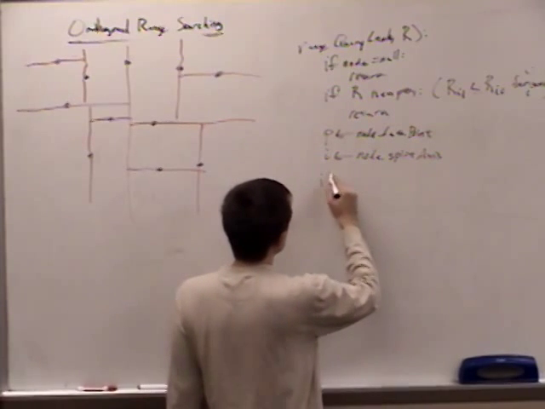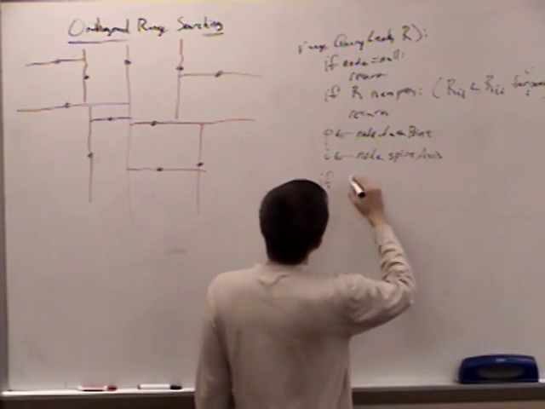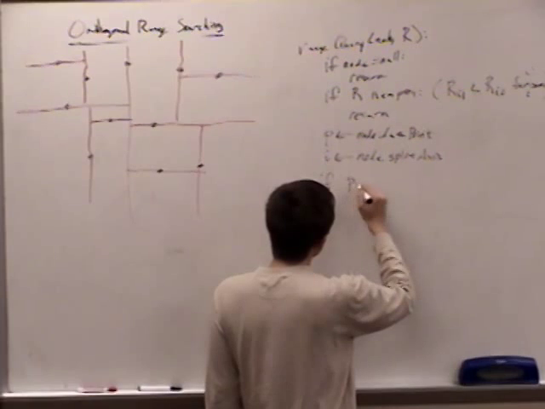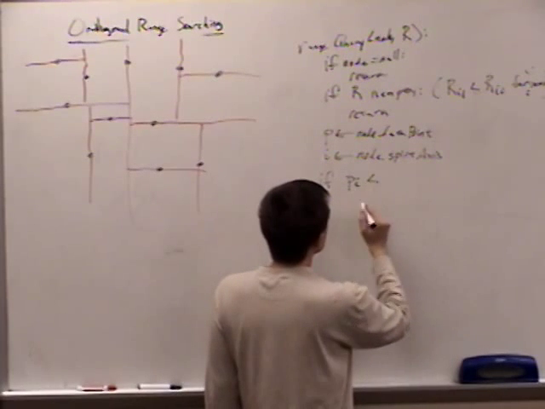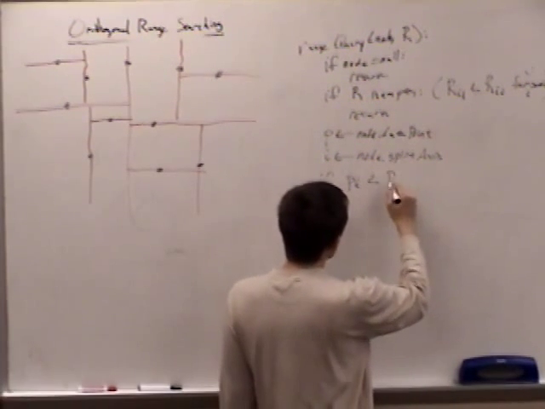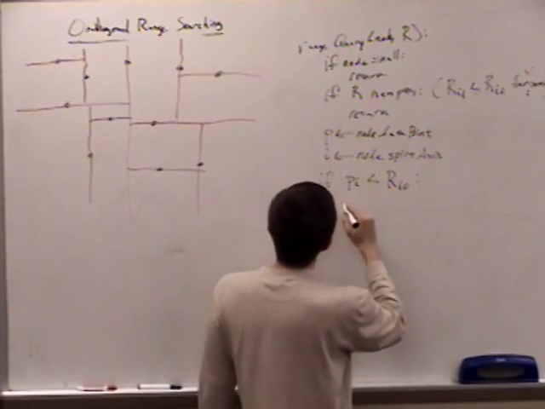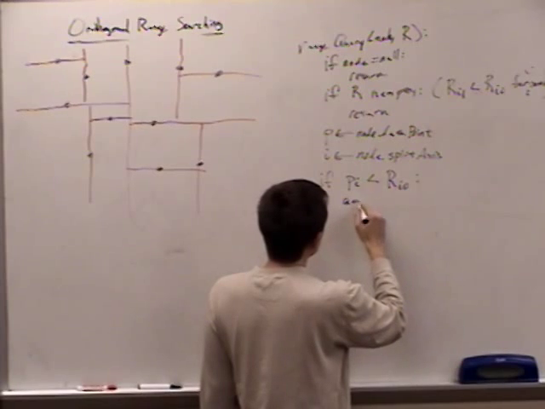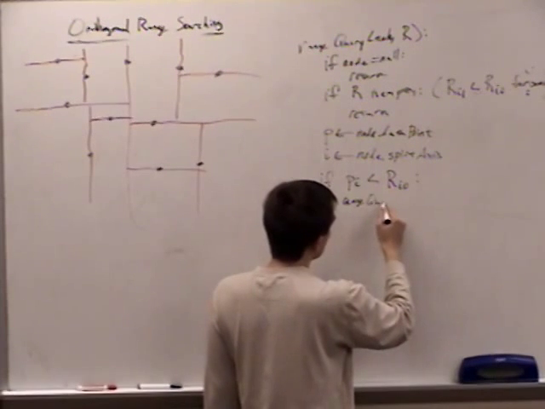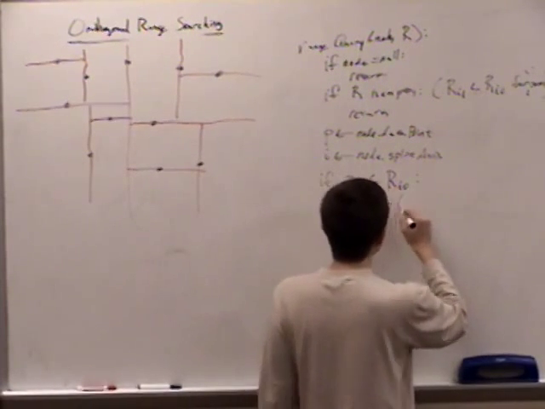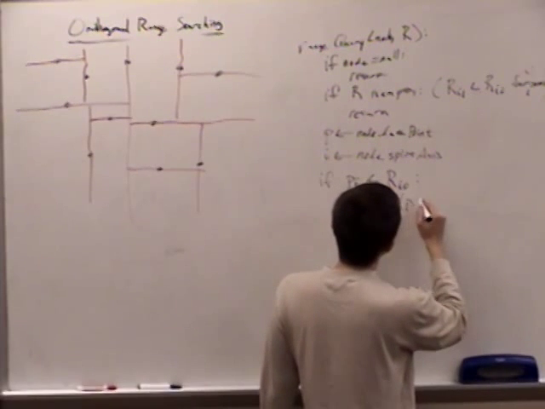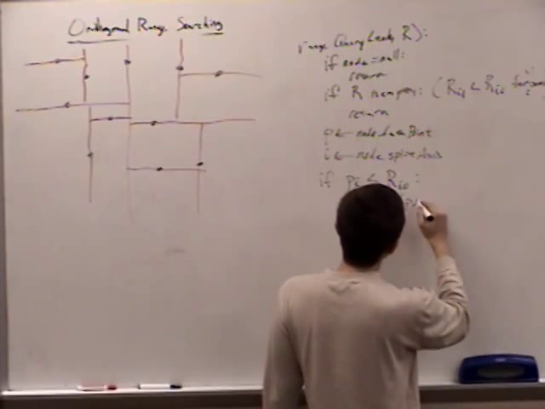So the first is we'll say if P_i is less than R_i0, then we're going to run the range query on P dot right.